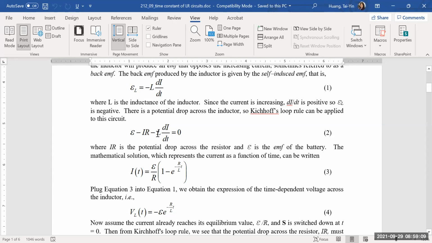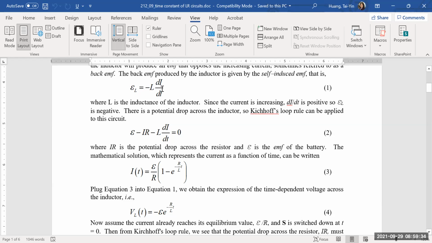Okay. And so you can see that minus L di over dt. This term indicates that when current changes with time, then this is going to be non-zero. So this is what we call the back EMF, and this is the expression, minus L di over dt.